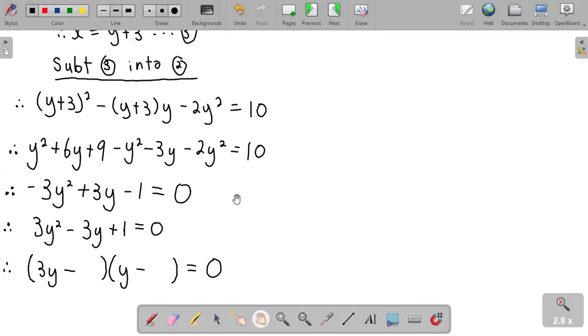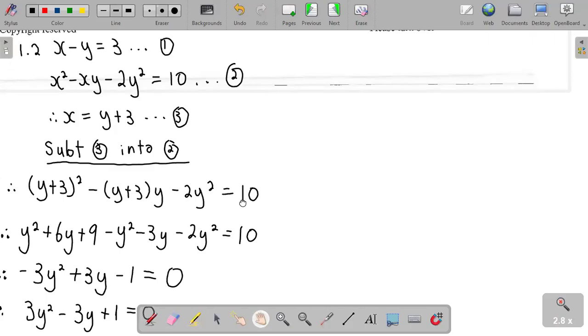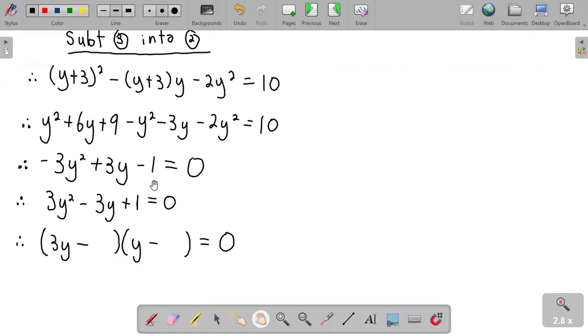Did I do something wrong here? Oh yeah, the y squared term is 2y squared minus 1, so it should be a 2y. What is the factor?